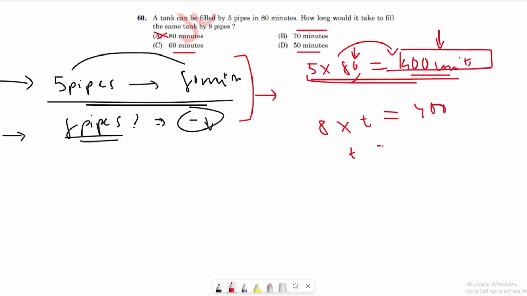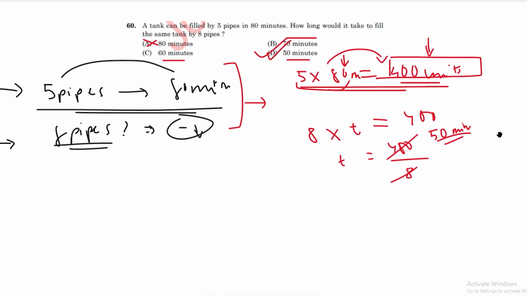So t equals 400 divided by 8, crisscross. 8 5s are 40 and the zero remains, so we get 50 minutes. Do we have 50 minutes as an option? Yes, we have 50 minutes as an option. This is the correct answer.